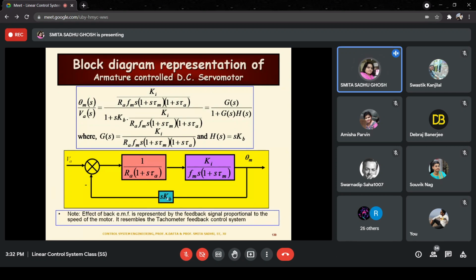So here, the effect of back EMF is represented by the feedback signal proportional to the speed of the motor, as you have correctly stated. So it's proportional not to the position, but to the speed of the motor. It resembles the tachometer feedback control system, where you have a speed feedback. But here, of course, the speed feedback is implicitly within the system itself.